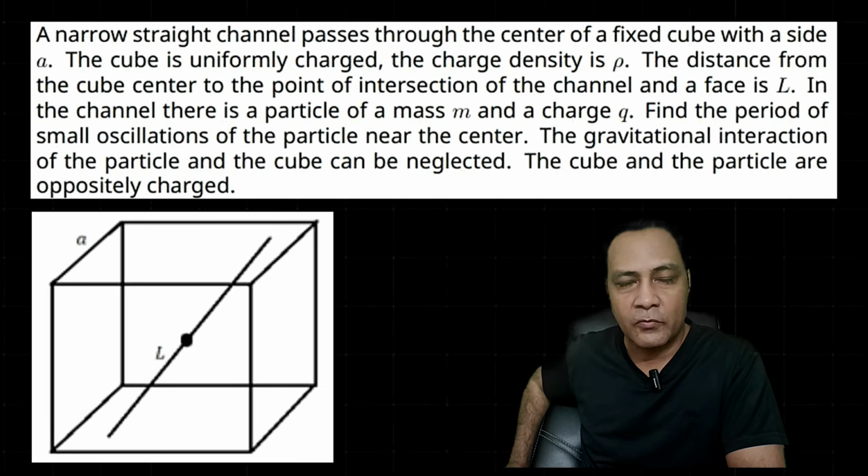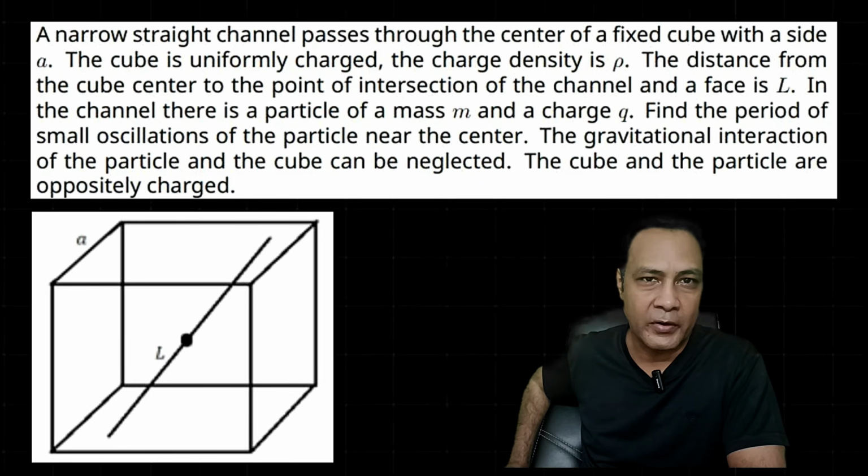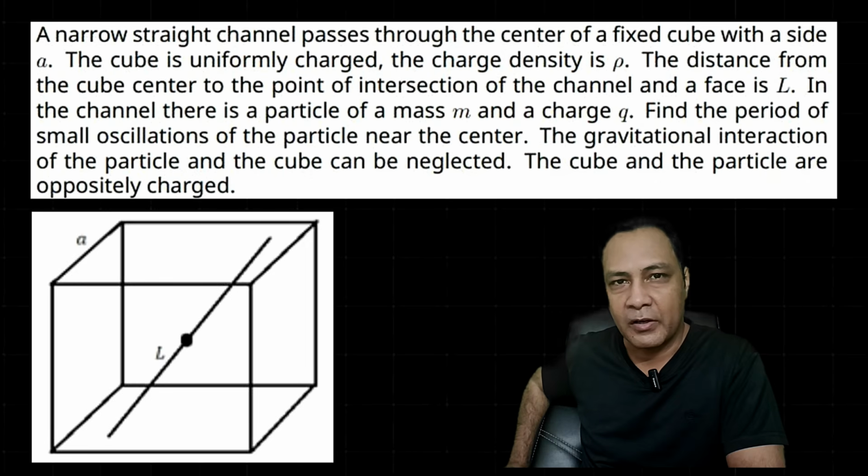For that we need to find the electric field near the center. That is the main task, and once we get the electric field near the center, we can immediately apply m a is equal to F naught, and then we can get a is equal to minus something into x, and then we can get the time period. So the main task is how to find the electric field near the center of a uniformly charged cube.